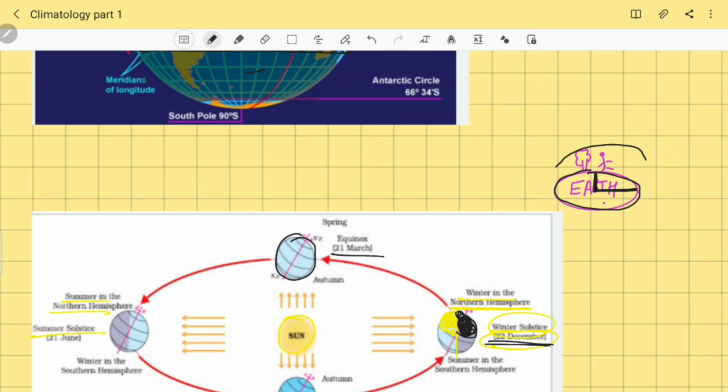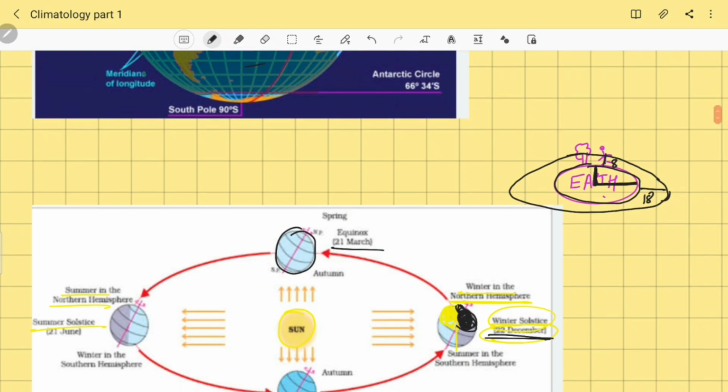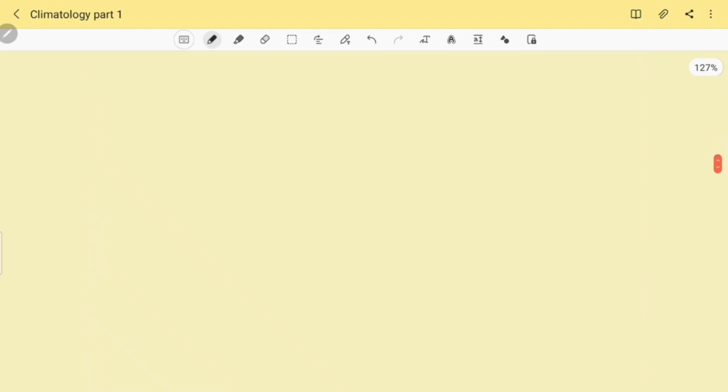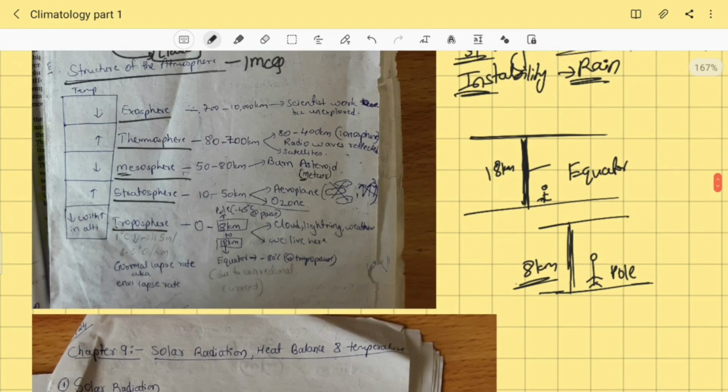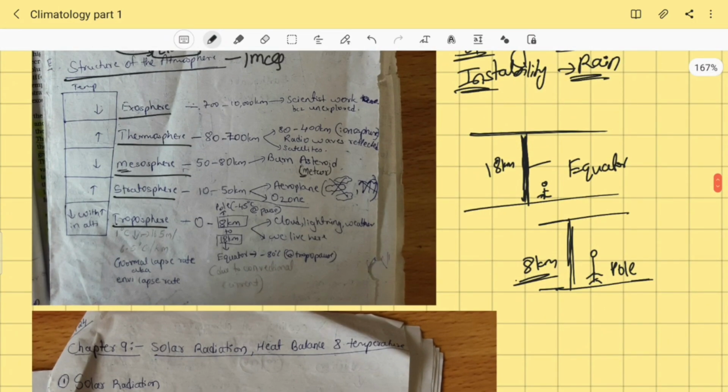So we can draw it this way. It's like this. Here it is 18 kilometer and here it is 8 kilometer. On an average we say it as 10 kilometer. So I hope now you understood what is the extension of troposphere near equator and what is the extension of troposphere near the pole.